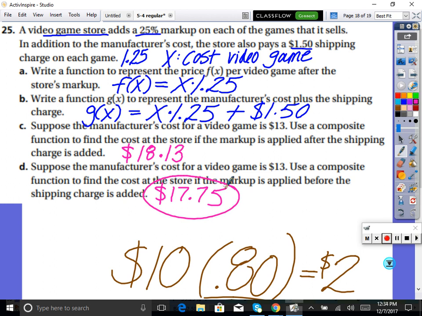So yeah, the other way might be better for the business owner, which you're thinking, well, that's not that much money. But when you have thousands and thousands of customers, that adds up quick. So there have, like I said, been companies that got sued over this. But there are companies that also put it in the fine print that they're going to charge you their markup after shipping. So you just have to watch. The people that got sued are the people that didn't have that in their small fine print. Does that make sense? Okay, kind of cool. So that's how that is.